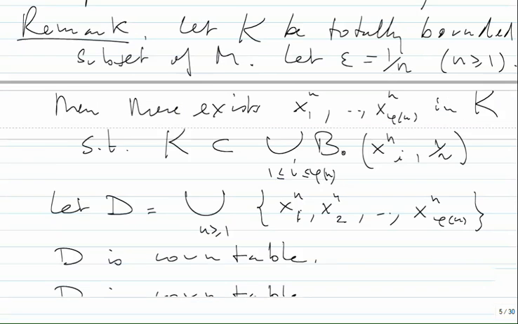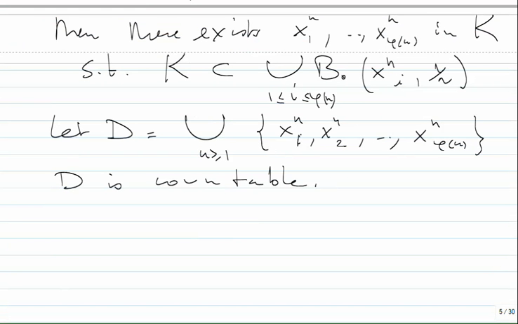Next, let us prove that D is dense in K, because these are elements of K. So we have D subset of K, and let us prove that it's dense in K.